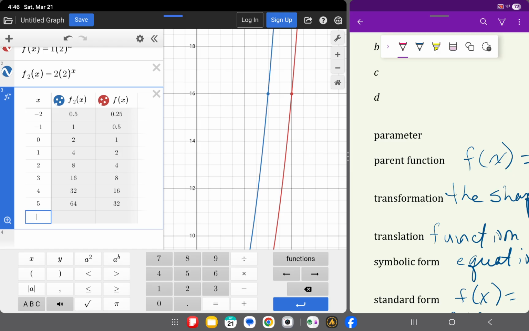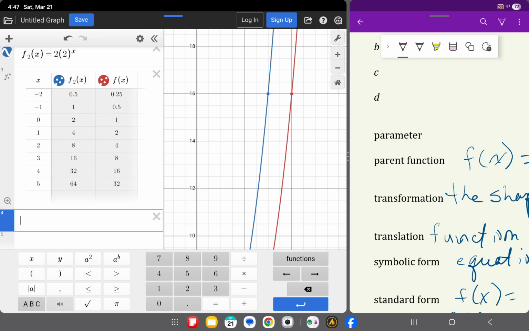Okay, so I can see whatever my output is, it's always going to be double what my original function was, which was my f of x. So I can see if my value is greater than 1, we have a vertical stretch. It's going to stretch more quickly.